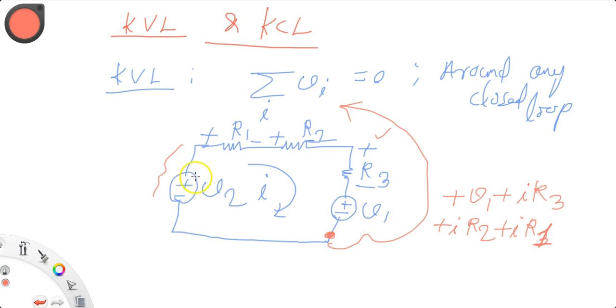Then for this source V2, I am traversing from positive terminal to negative terminal, so it is a fall of potential. So I'll have a negative sign, V2, equal to 0.